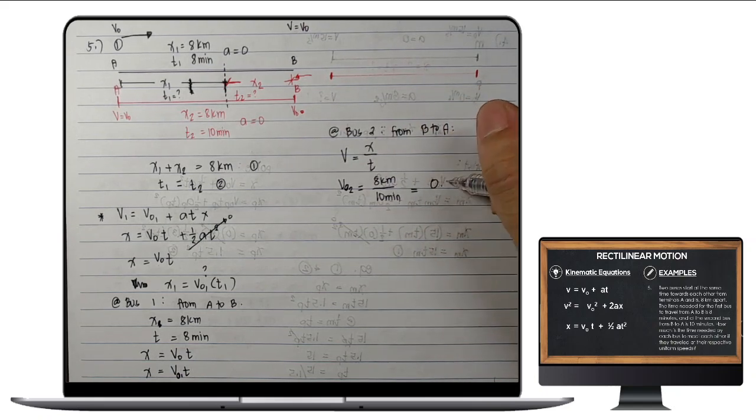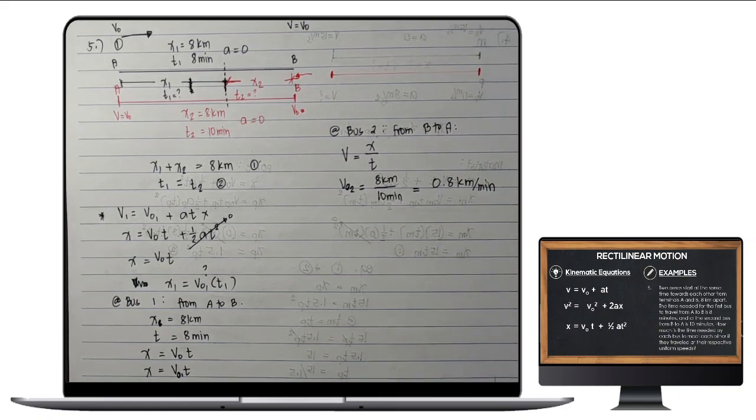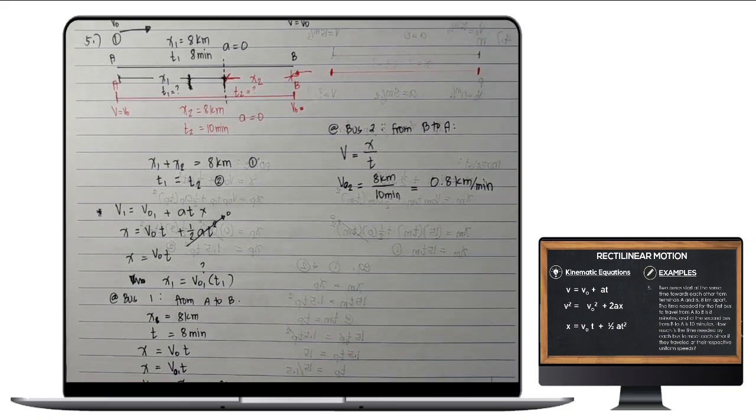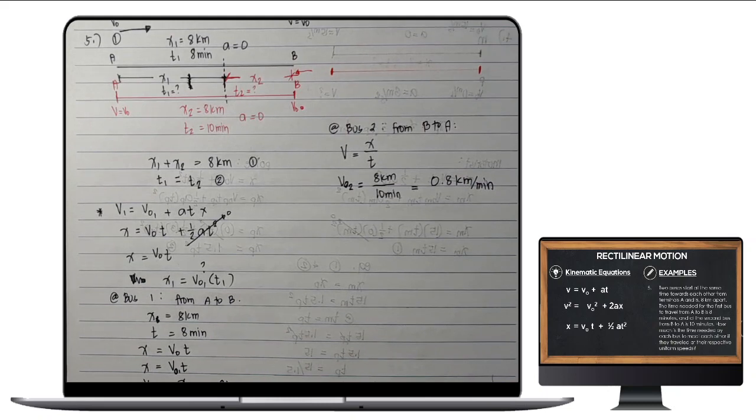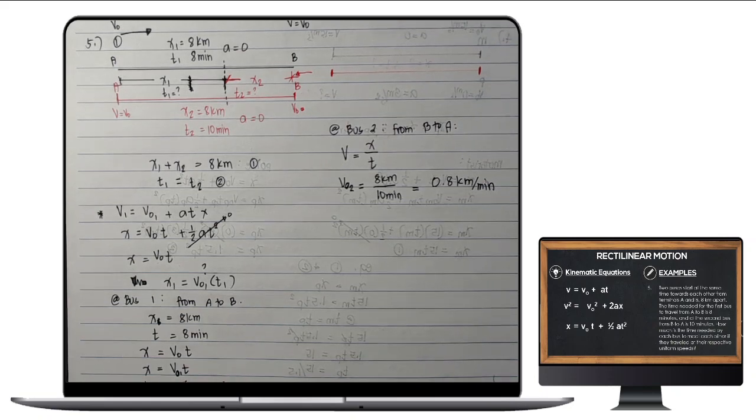So that is 0.8 kilometer per minute. That is the velocity of bus number 2. Okay? So that is 0.8 kilometers per minute.